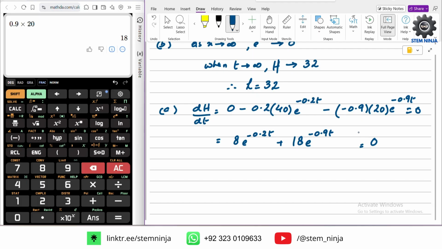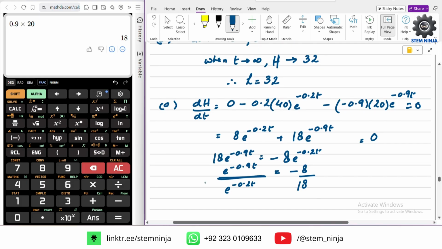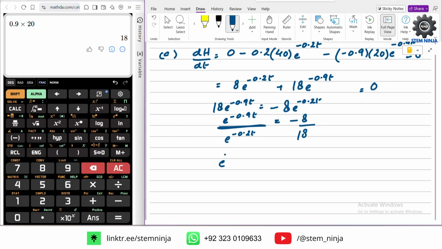Okay, so therefore 18 e raised to the power minus 0.9t is equal to minus 8 e raised to the power minus 0.2t. So e raised to the power minus 0.9t divided by e raised to the power minus 0.2t equals minus 8 over 18. This becomes e raised to the power minus 0.9t plus 0.2t equals 4 over 9.